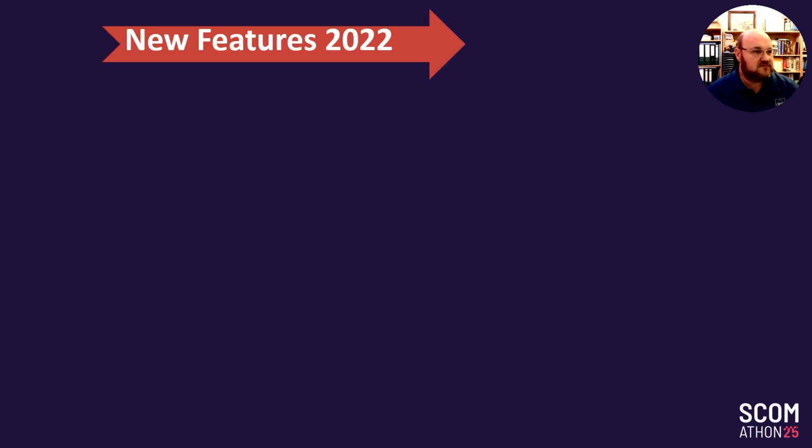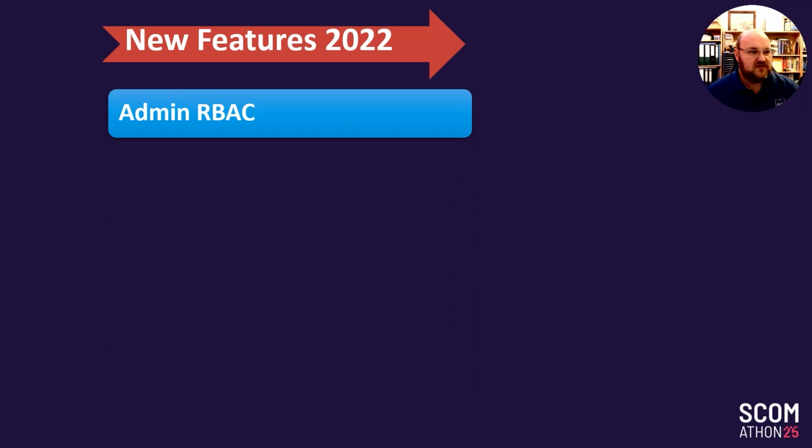For SCOM 2022, I wanted to highlight a number of relatively new features in that version. So a new set of built-in and custom roles for administrator RBAC roles is there, whereby we have a read-only admin, for example, for auditors, and several options for custom admins who can be limited to do only agent management or work with notification subscriptions.